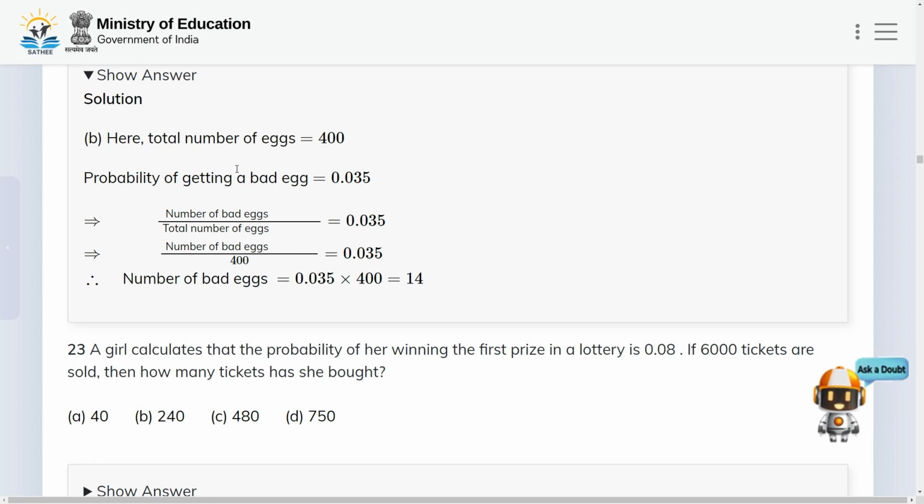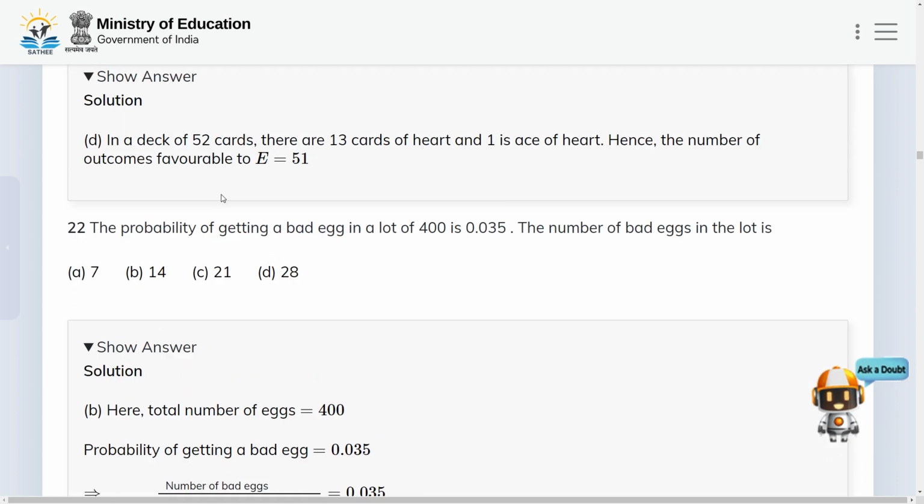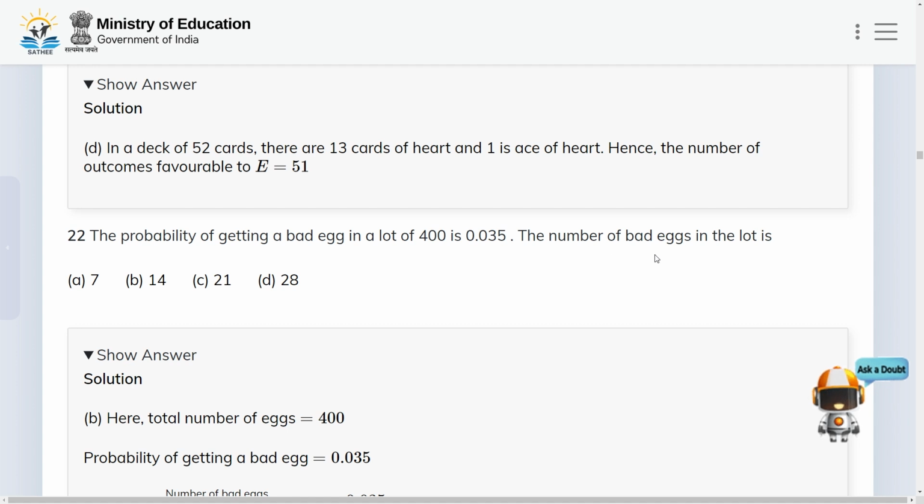Here total number of eggs is equal to 400, so number of bad eggs divided by 400 is equal to 0.035. Therefore number of bad eggs is equal to 0.035 into 400, that is equal to 14. So therefore the number of bad eggs in the lot is 14. So here the correct answer is option number B.